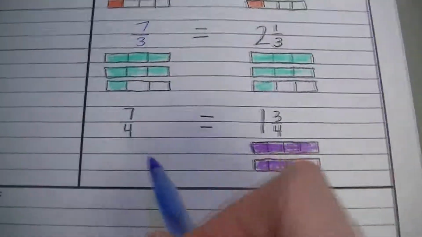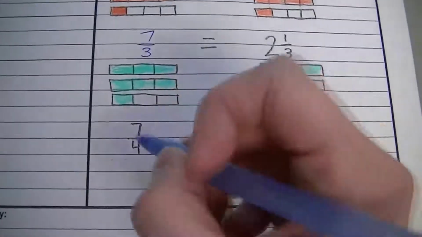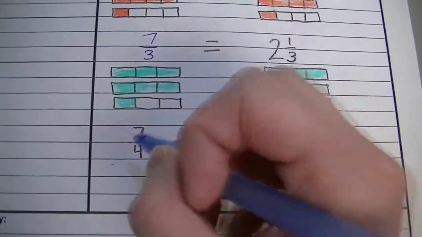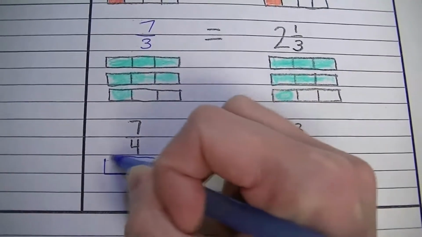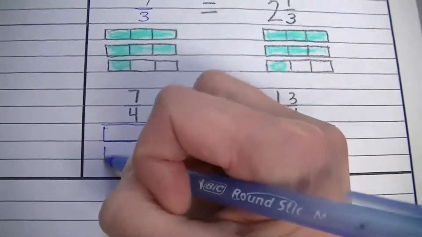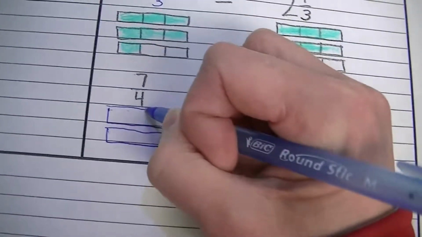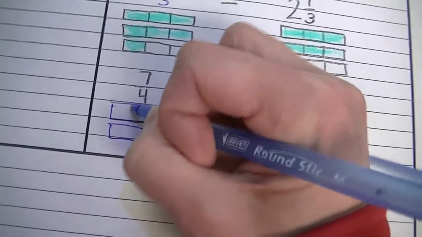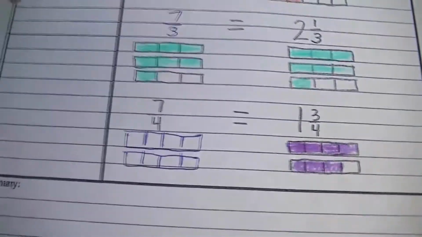So when you're drawing the picture to represent 7/4, you should know, based on what I've shown you up here, that the picture will look exactly the same as the 1 and 3/4. So I'm cutting it up into 1/4 and I'm going to fill in 7 of them.